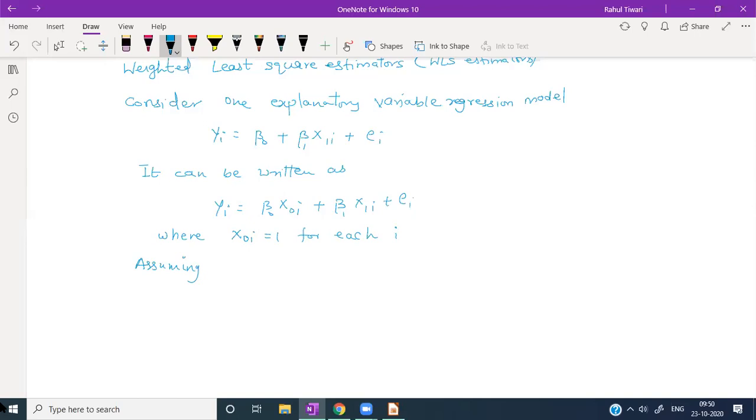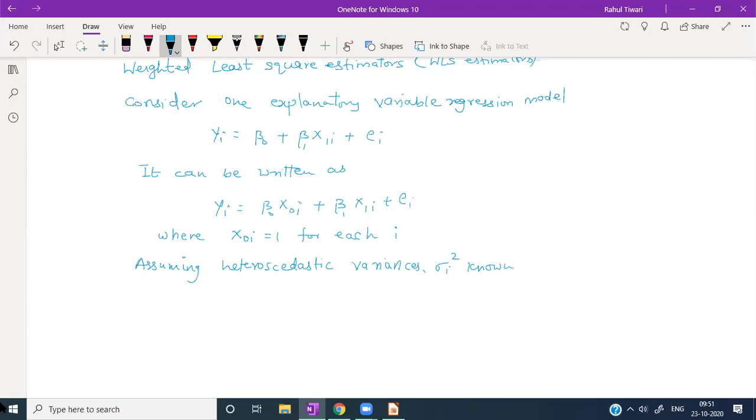Now assuming heteroscedasticity, the variance, that is sigma i square, is known, that means there is heteroscedasticity present.